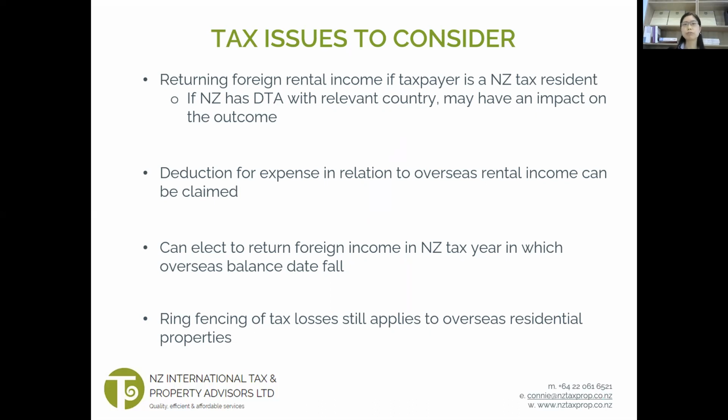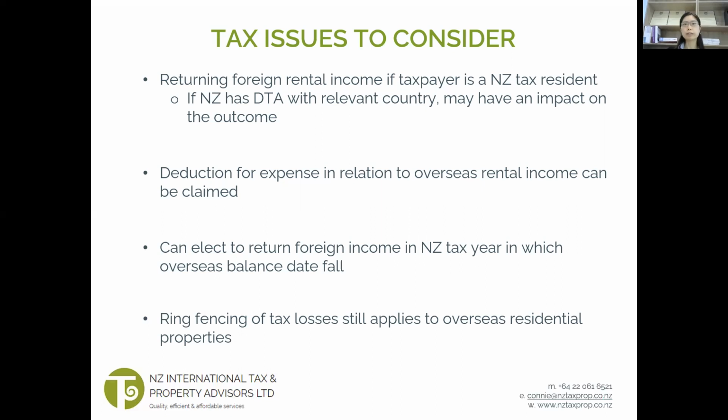So for instance, if the rental property is in the US and the US has a standard balance date of 31st of December, this means that the US rental income derived for the year ended 31st of December 2019 can be reported in the New Zealand 2020 financial year. So that's the year ended 31st of March 2020. This rule is available to taxpayers whose foreign income is less than $100,000, and that's in New Zealand dollars.